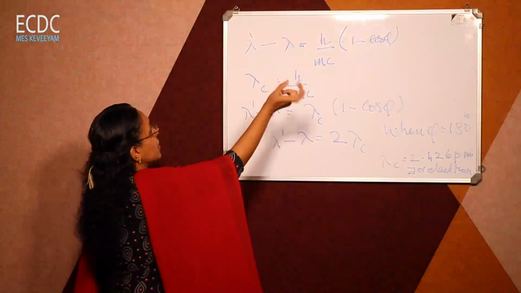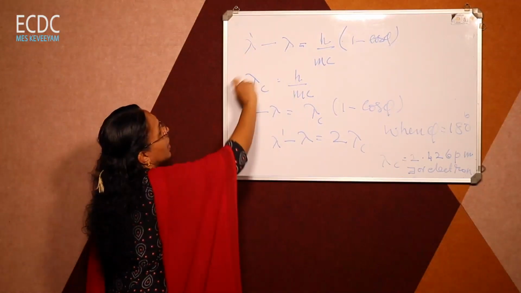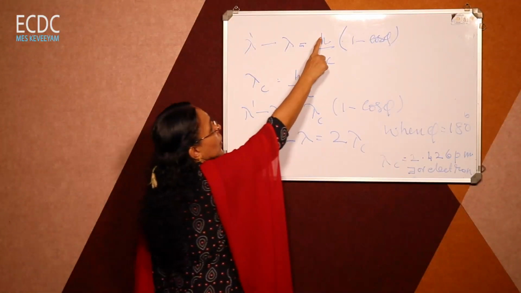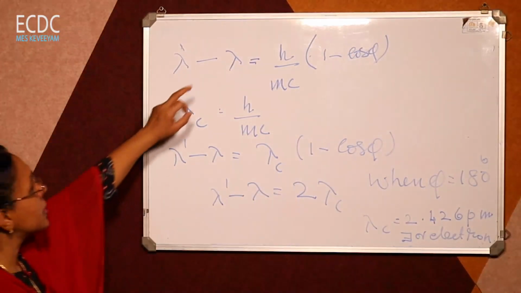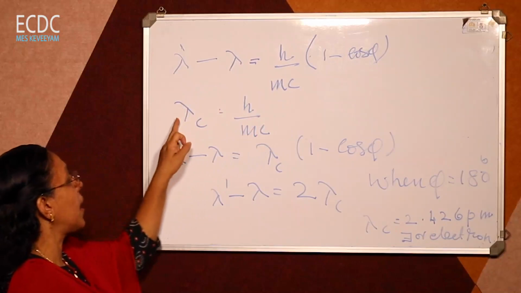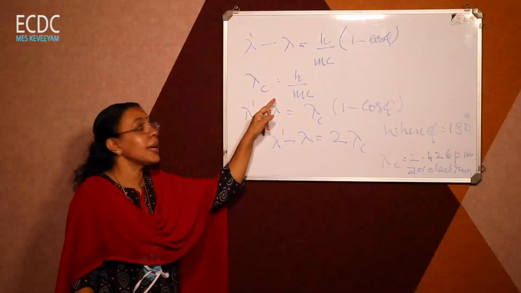By rearranging this equation, we can write λ′ minus λ is equal to h by mc into (1 minus cos φ).